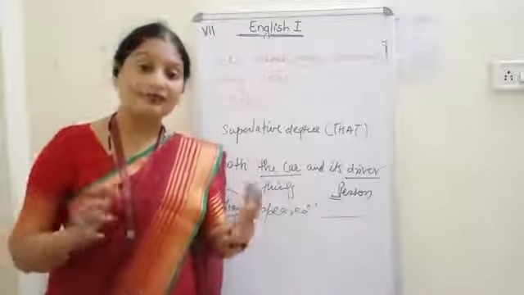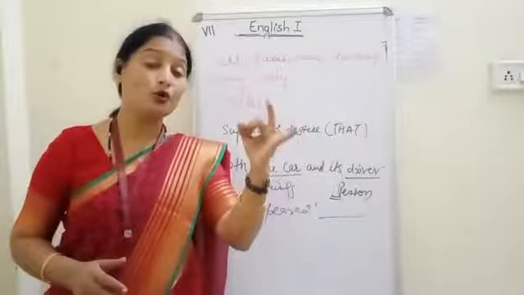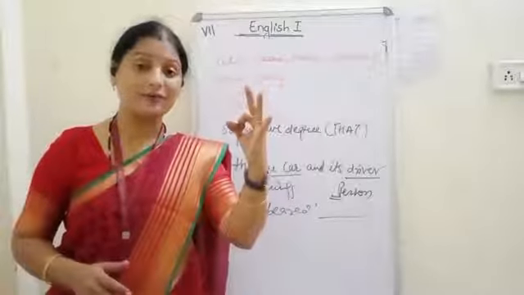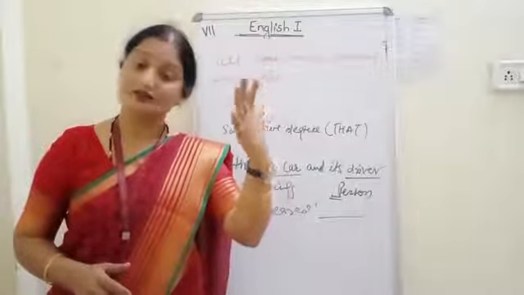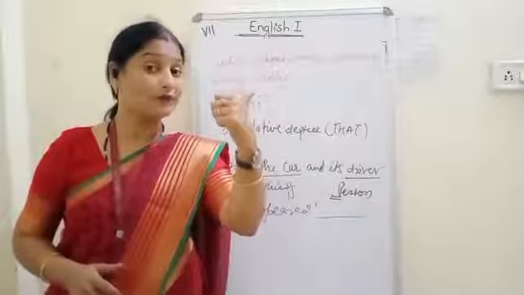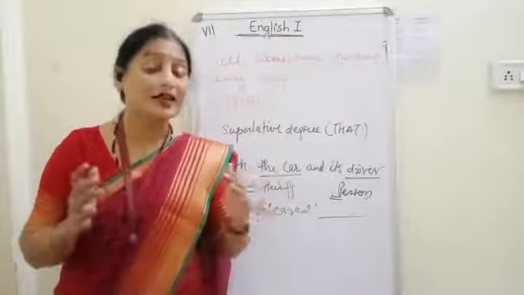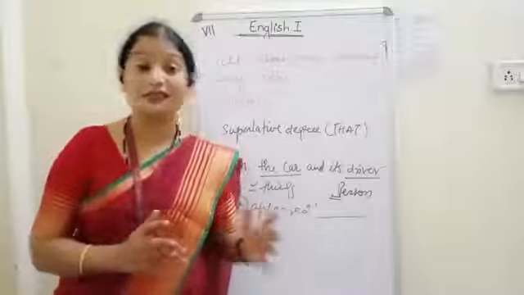All these 5 W's: who, whom, which, whose, what. And along with this, that. All this can be considered as the relative pronoun.